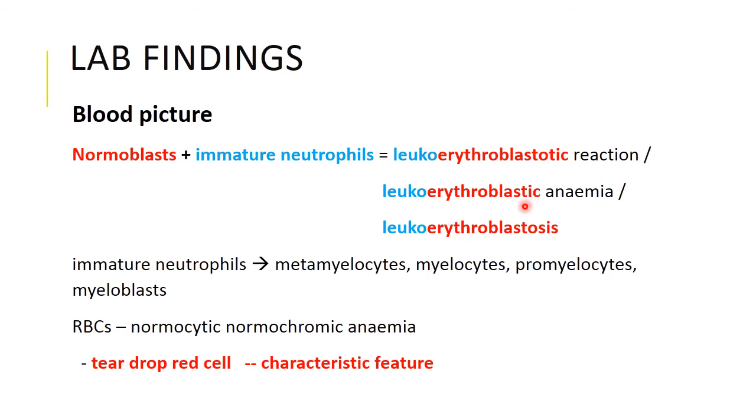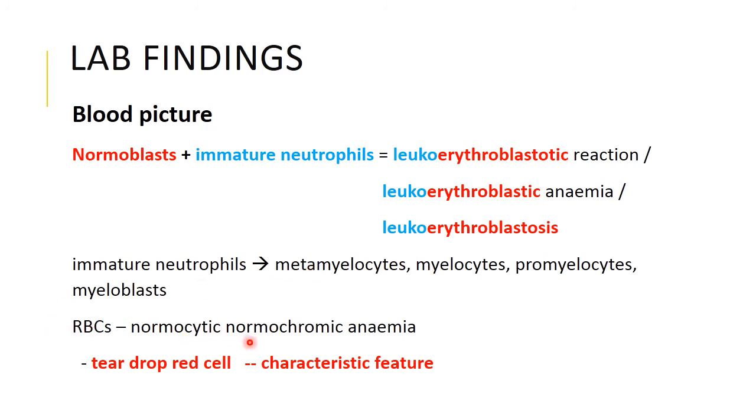Very important, in either form this state can be called blastic anemia or blastosis. Immature neutrophils may be the metamyelocytes, myelocytes, promyelocytes as well as myeloblasts. The precursors of the neutrophils are also called the young forms of the neutrophils.